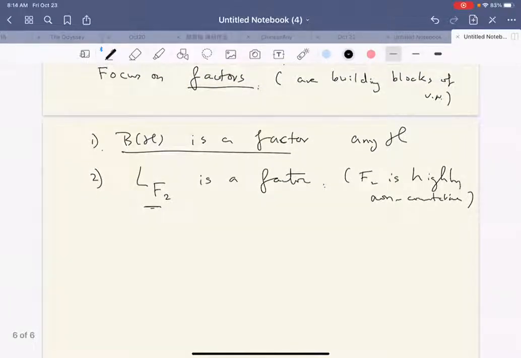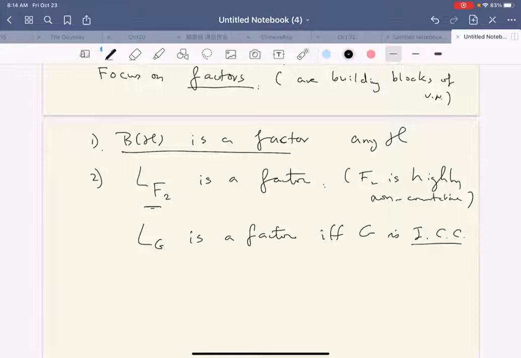This is a completely general fact. In general, if you take a discrete group G, L of G is a von Neumann algebra. Let me write down the characterization. It's a factor if and only if G is what's called an ICC group. ICC means infinite conjugacy class.